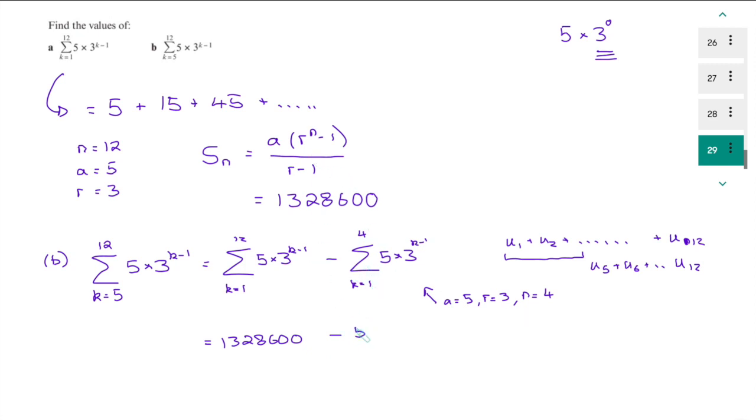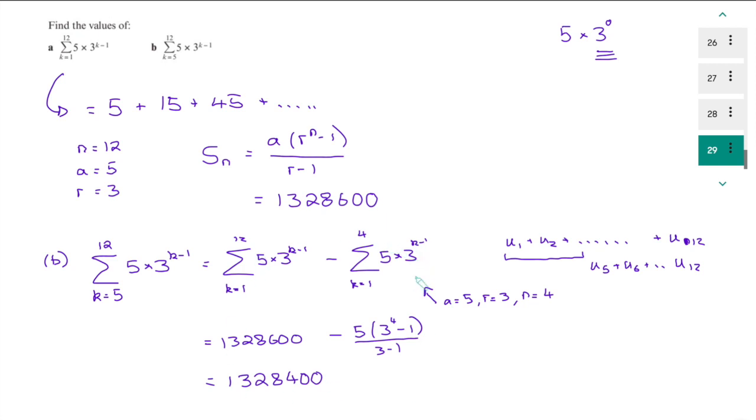We're going to have 5, that's a, times 3 to the 4, so r to the power of n, minus 1, over 3 minus 1. So that's what you're going to pop into your calculator, and hopefully you should come up with the answer of 1328400.